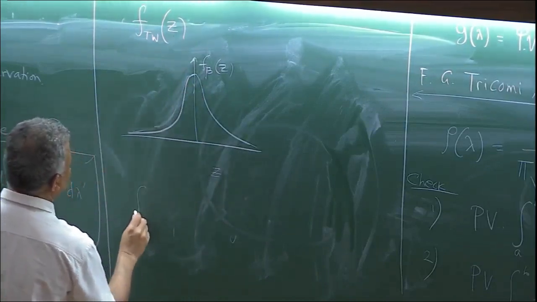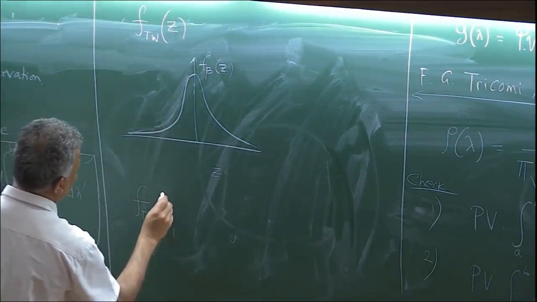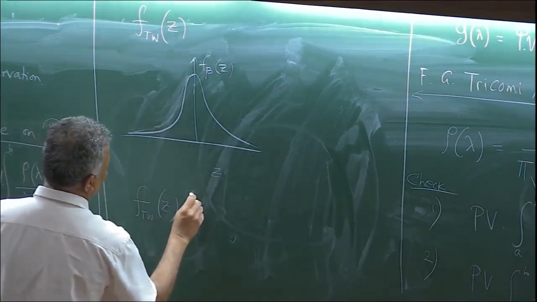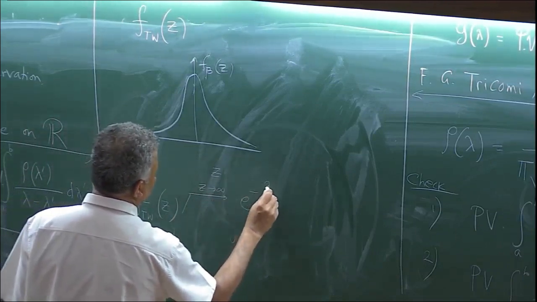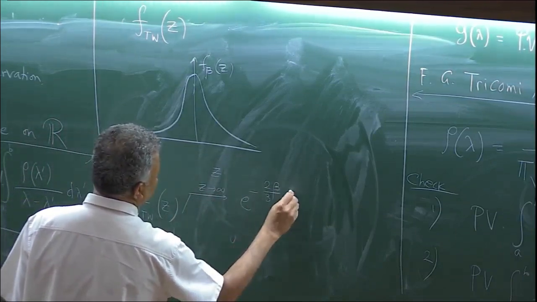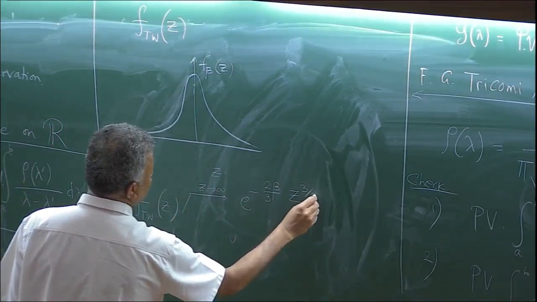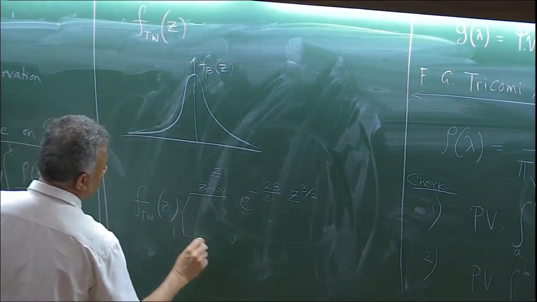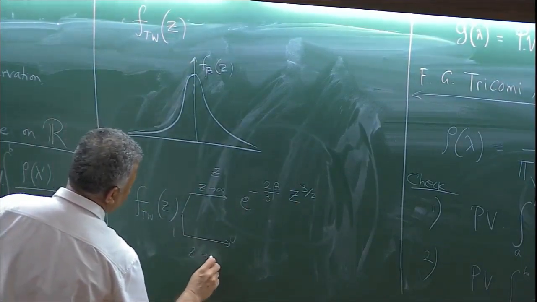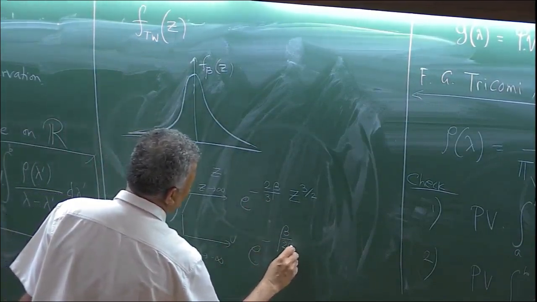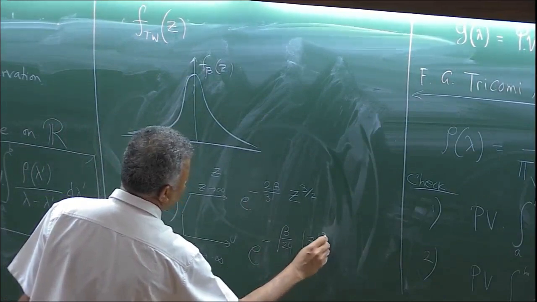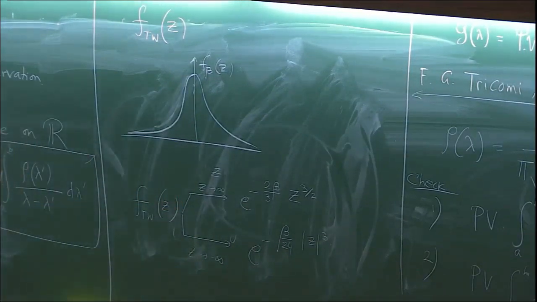In fact, the asymptotic properties: when z goes to plus infinity, it goes like exponential minus 2 beta by 3, z to the power 3 by 2, very different from Gaussian. And when z goes to minus infinity, it goes like exponential minus beta over 24 mod z cubed. So it's a very asymmetric distribution of lambda max.